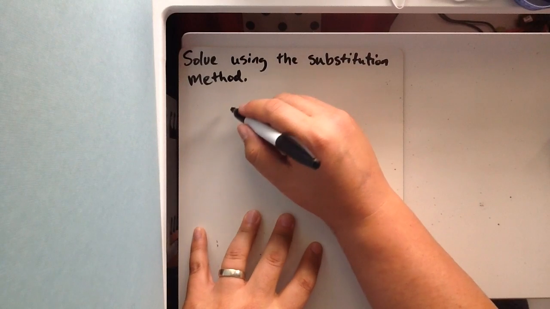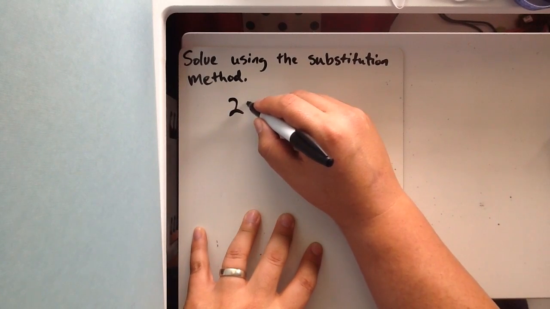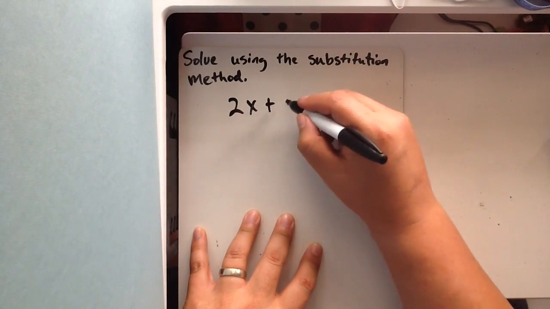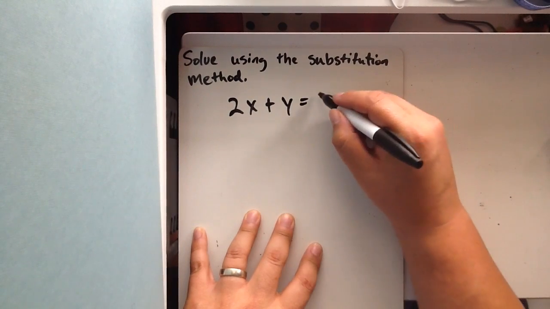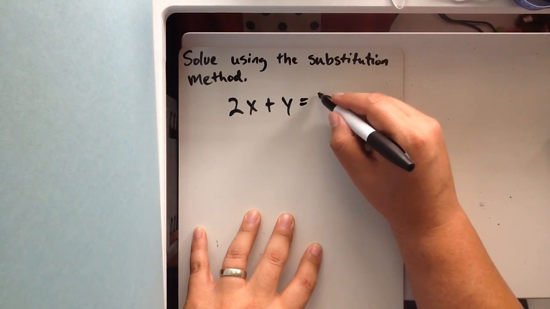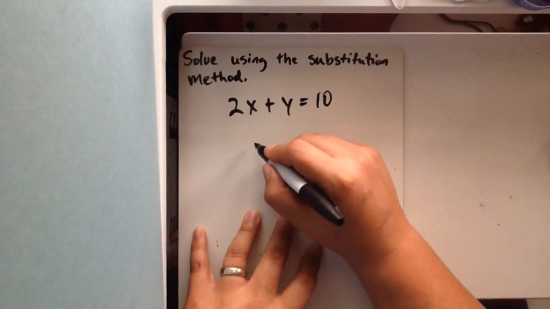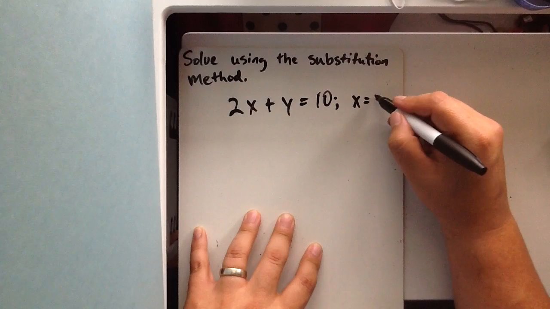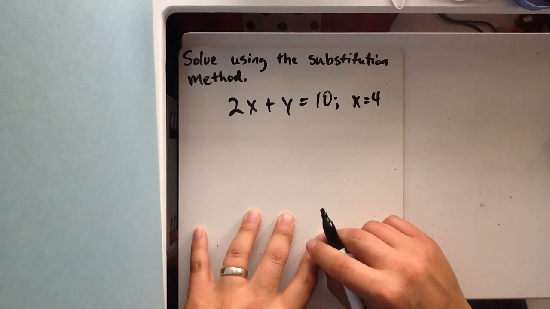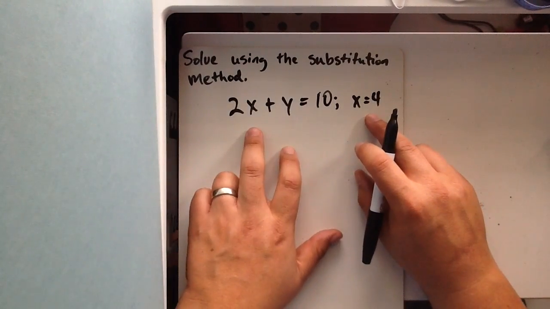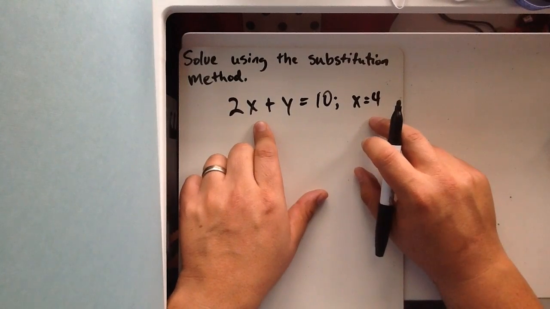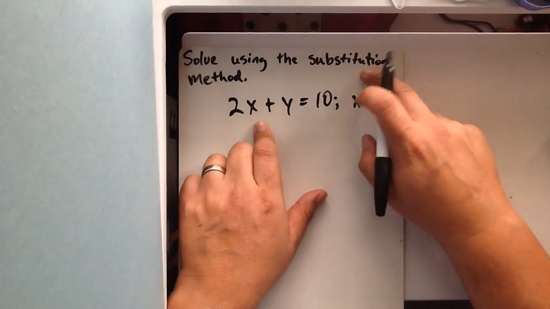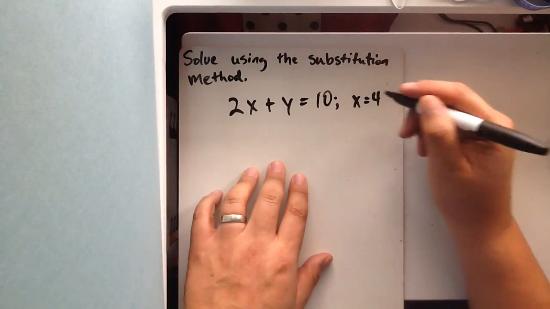Let's say I have 2 times an unknown value x plus y equals 10. And let's just say that they give us x is equal to 4. Well, in this case, again, one of the variables, they are giving us the actual value. So I'm going to use this idea of substitution.